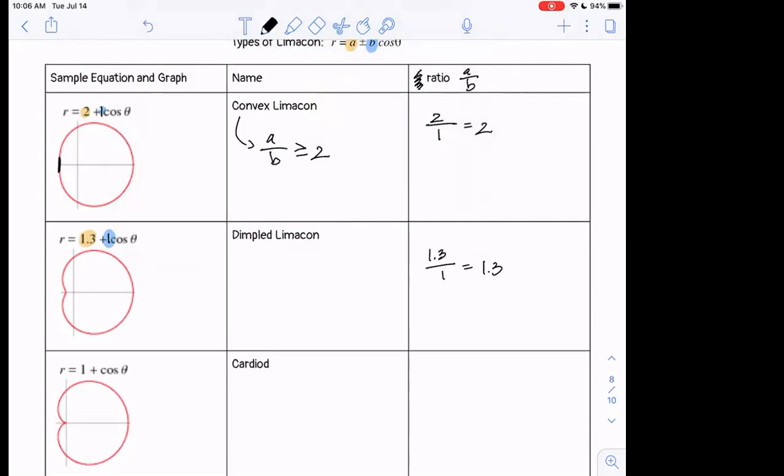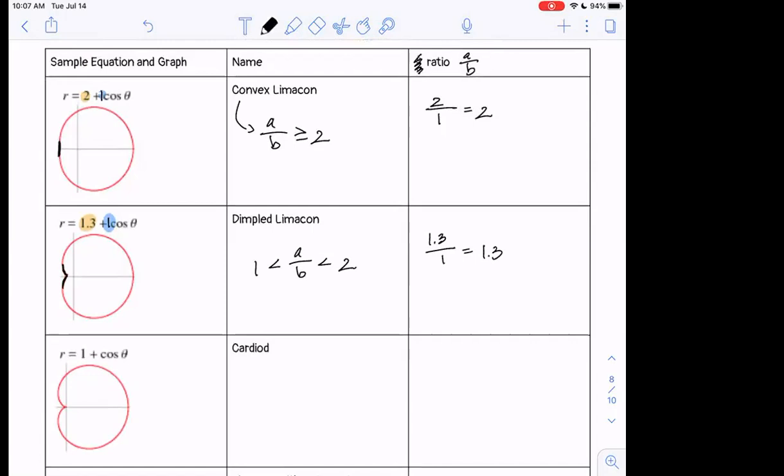Now, when the ratio of a to b is less than 2 but greater than 1, what you end up with is what we call a dimpled limaçon. It's a very slight indent right here, and that's the part that makes it dimpled. Again, this happens anytime the ratio is between 1 and 2.